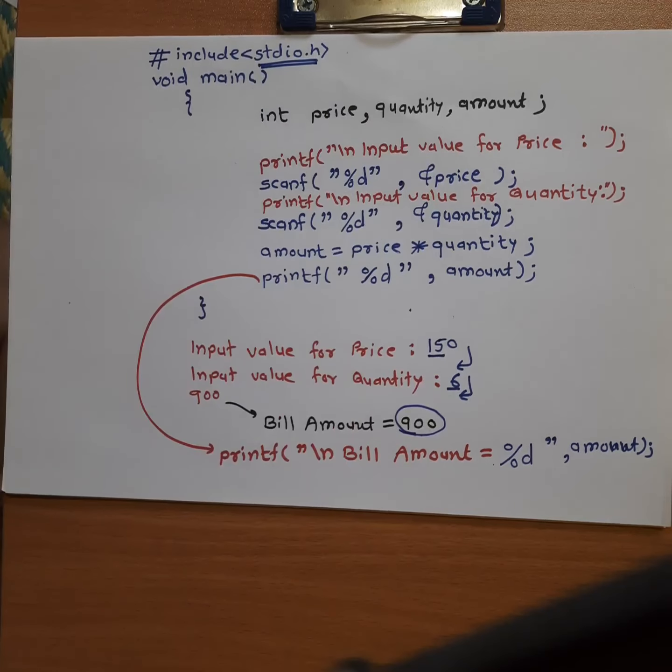This is a ready-made file provided by the company, the Turbo company whose compiler we are using, which stands for standard input output header file. This file helps the compiler to handle input and output statements used by the programmer in the program.